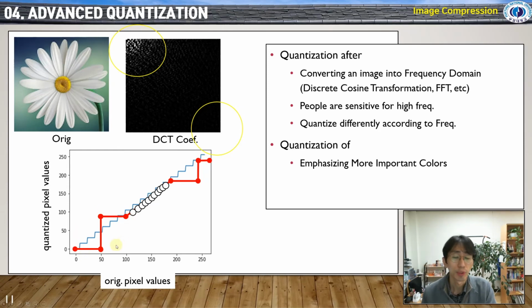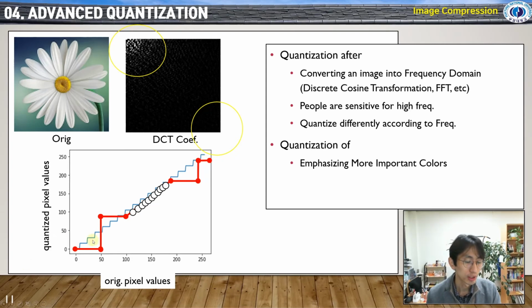Usually, most people are less sensitive in the dark areas, which means that we cannot distinguish the color values of 0 and 1. It is very difficult. Even the color values of 0 and 50, it is very difficult to figure them out.